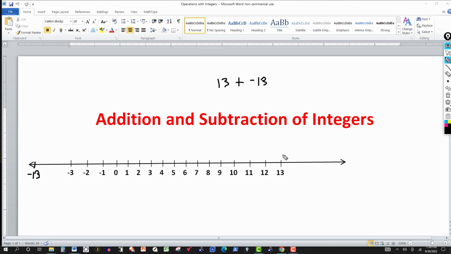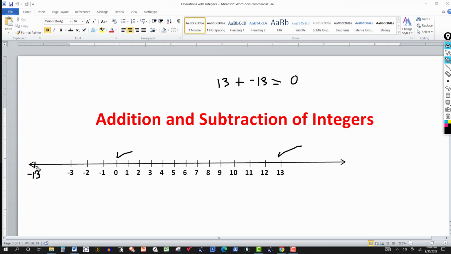So let's suppose we start over here on the right side, the positive side. And we have 13, and then I add a -13. Adding a -13, so I'll move 13 units to the left. So that's 1, 2, 3, 4, 5, 6, 7, 8, 9, 10, 11, 12. I wind up at 0. So 13 plus a -13 is going to be 0.